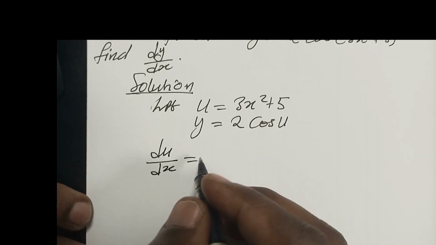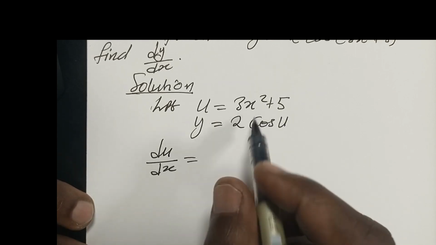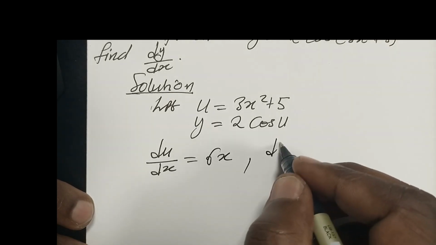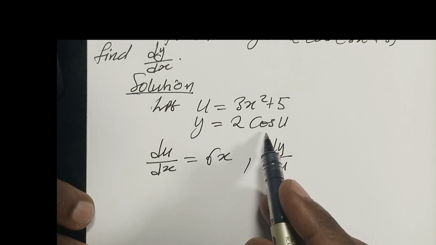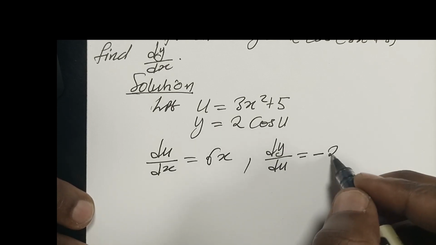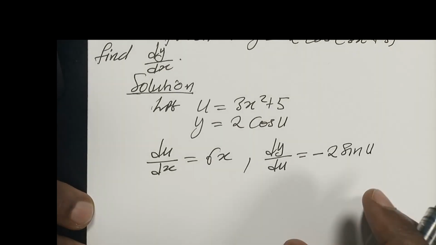which will be given by the derivative of this function expression here, 6x. And then you find your dy/du, because now y is a function of u, you get negative 2 sine u.